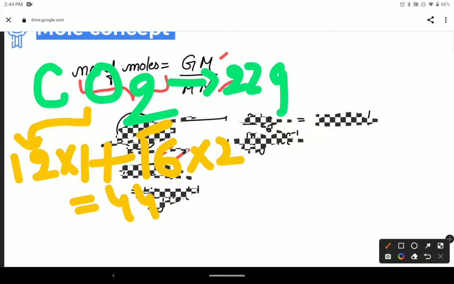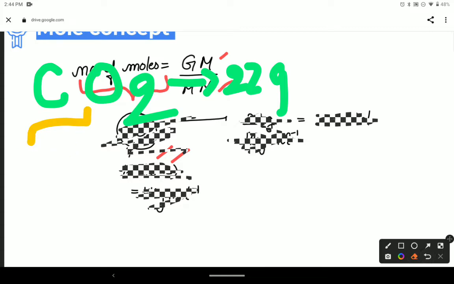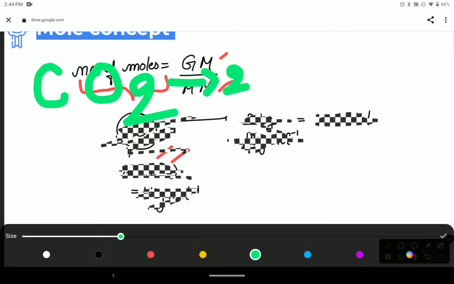Let's write it again. 22 grams, and 44 grams is the molecular mass we calculated right now.